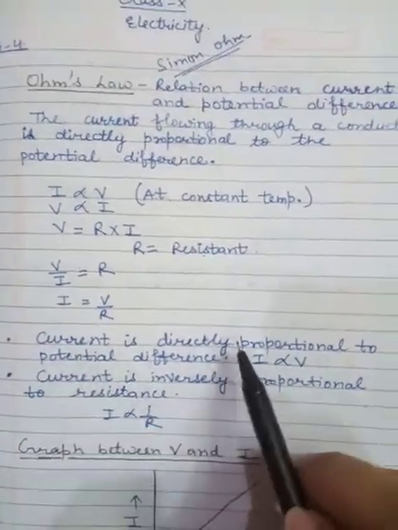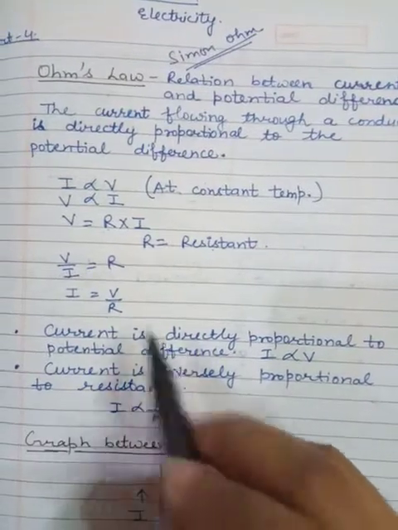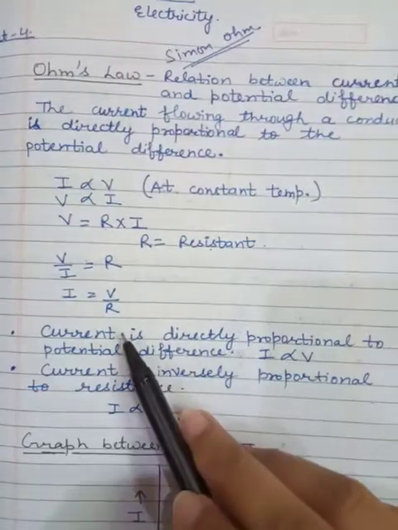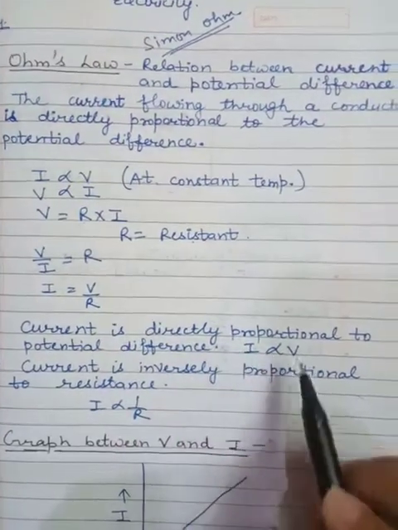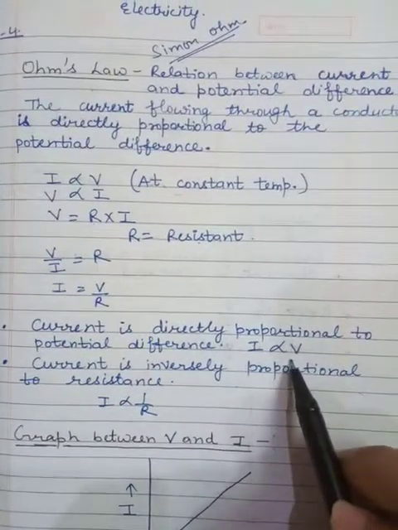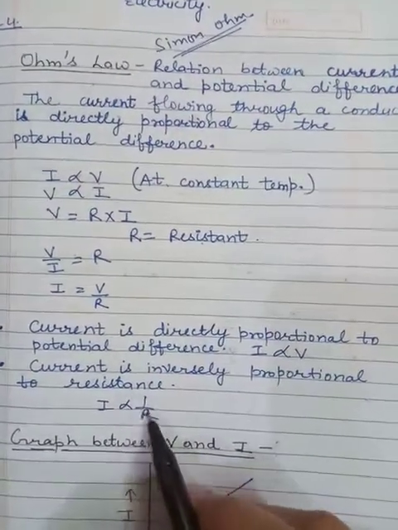According to this formula, current is directly proportional to V, the potential difference, and current is inversely proportional to resistance.